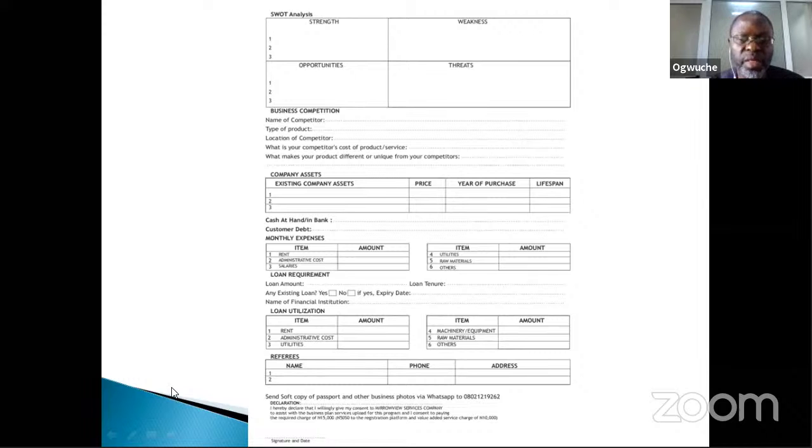Before we continue to the next one, we'll open the floor so that in case you have any question with respect to this form that we have looked at, we can ask the question so that we can give the clarifications required, and then we'll proceed. All right, thank you. Do you have any questions?